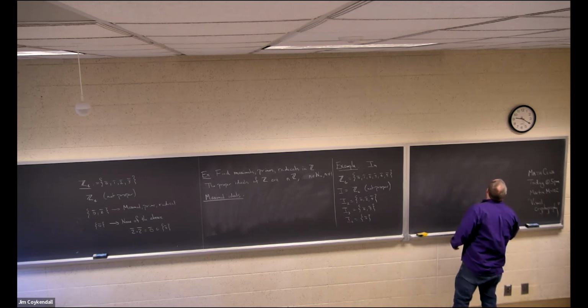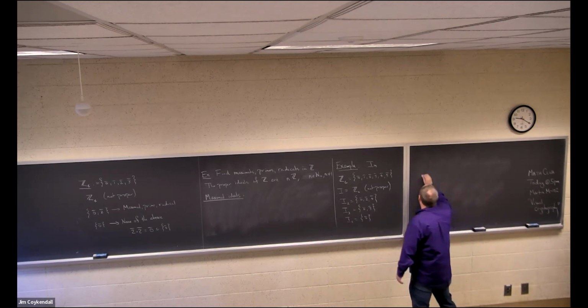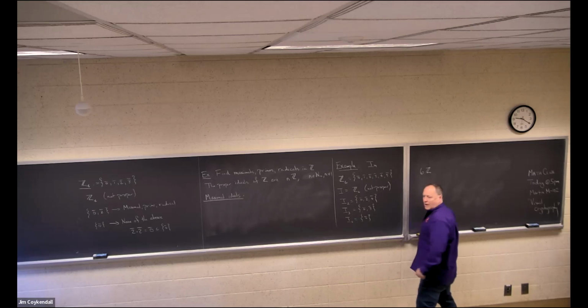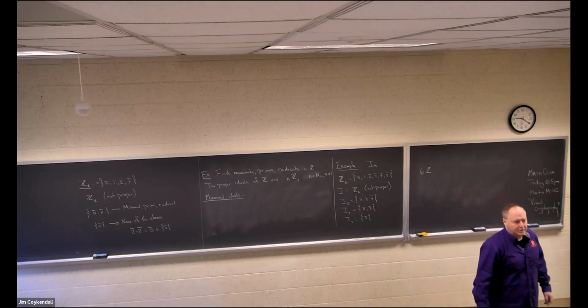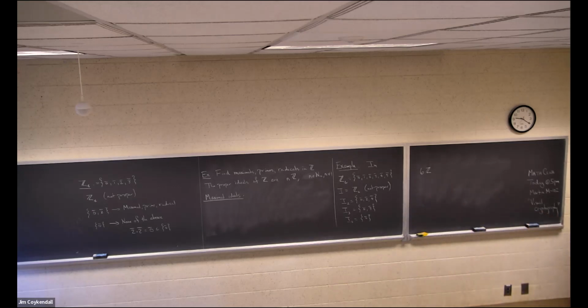Well, let's kind of spitball a little bit first. What about the multiples of 6, right? So these are all multiples of 6: 0, 6, 12, 18, and the negatives. Is that maximal, or is there a larger ideal that you can put it in?